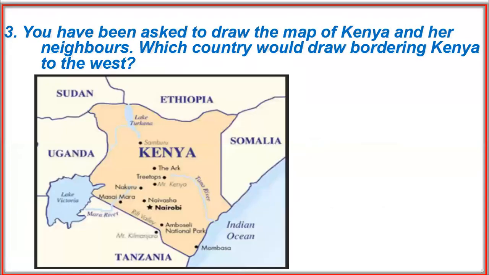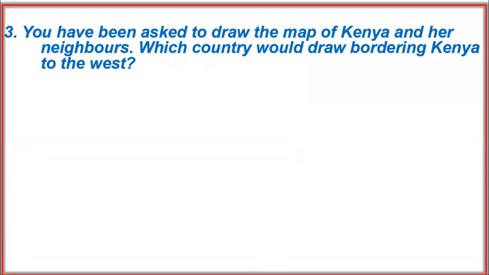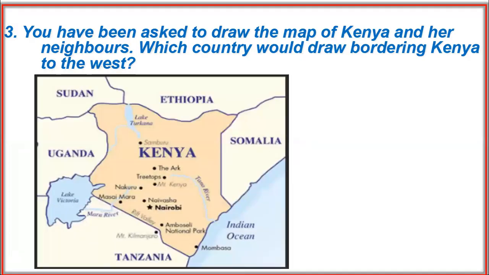Question number 3. You have been asked to draw the map of Kenya and her neighbors. Which country would you draw bordering Kenya to the west? So we have to have the map of Kenya. This is the map of Kenya. Then you have to know the compass directions. We shall say never eat salted weeds.